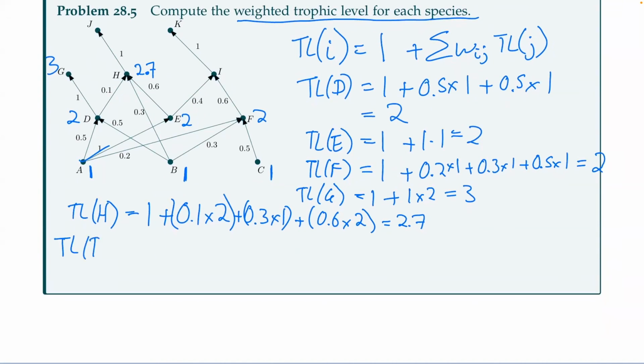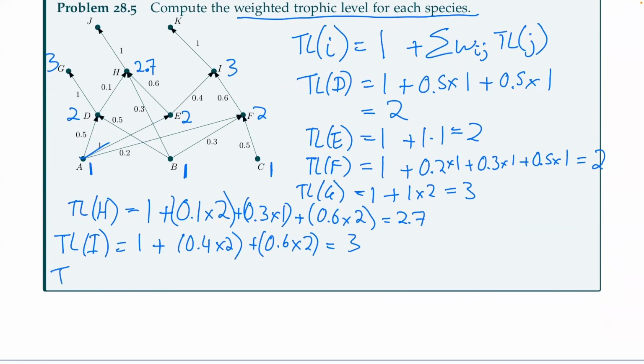Okay, 3 more species and then you can go. So I, we have 1 plus 40% of its diet from E. E is trophic level 2. 60% of its diet from F, which has trophic level 2. This is going to have trophic level 3. J. Again, don't forget the 1 at the beginning.